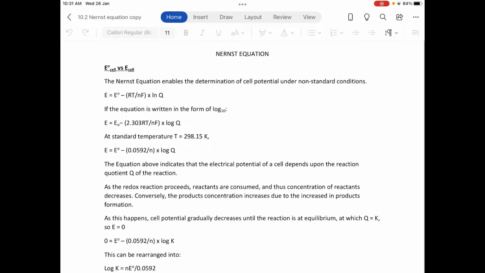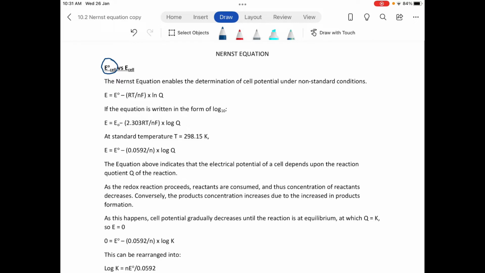Therefore, we cannot call it E naught cell any longer. We should call it E cell, without the naught. This is the one that we have learned earlier, E naught cell. This one is at non-standard condition.